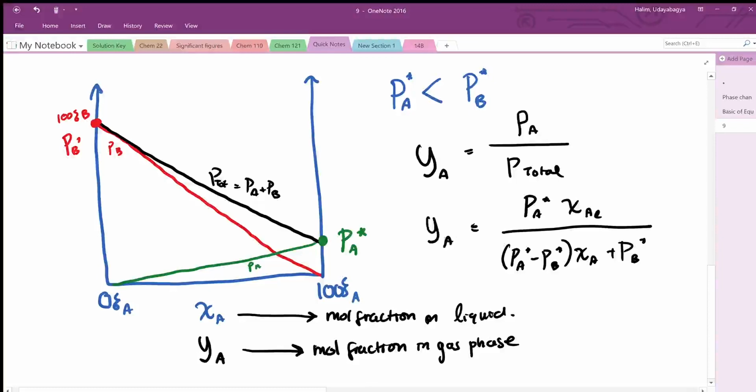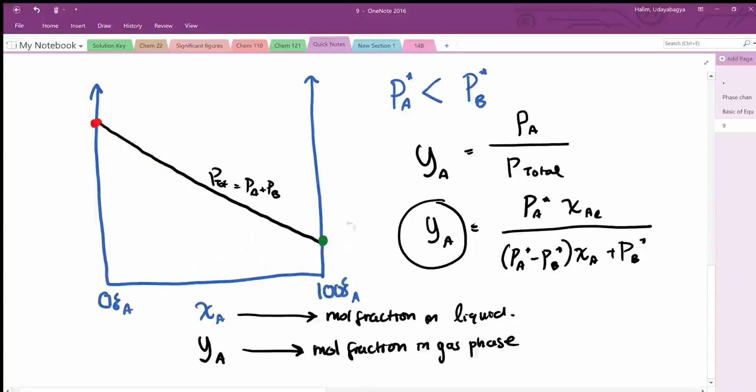So how does this graph of y look in our Raoult's law pressure versus mole fraction diagram? I'm going to erase the individual components here, so I'm just going to write down the P total. The first line here is the P total. I'm going to draw y of A on the bottom here.